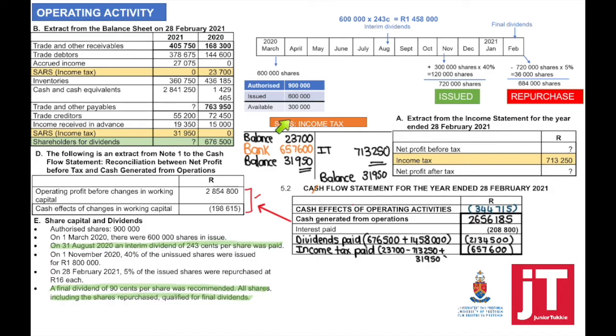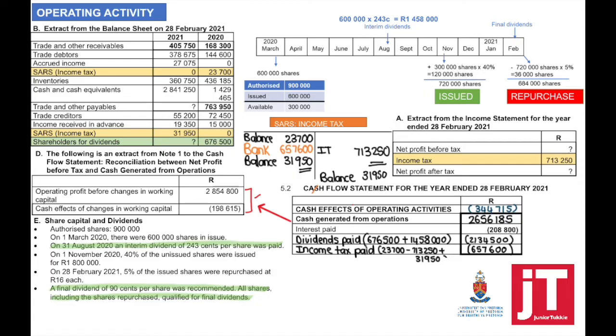We had 300,000 shares available. 40% of the shares available were issued, which means that we now have 720,000 shares in issue. So to calculate the number of shares repurchased, we now need to take 720,000 times 5%, which means 36,000 shares were repurchased.